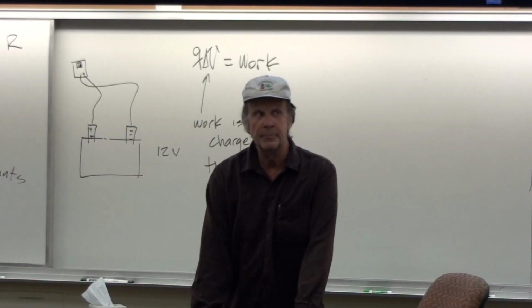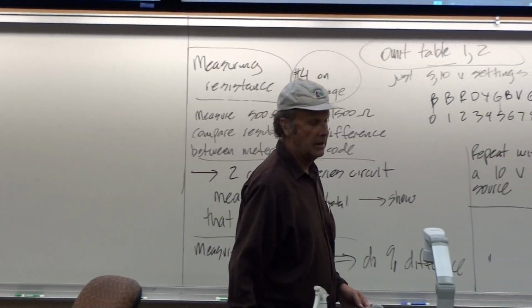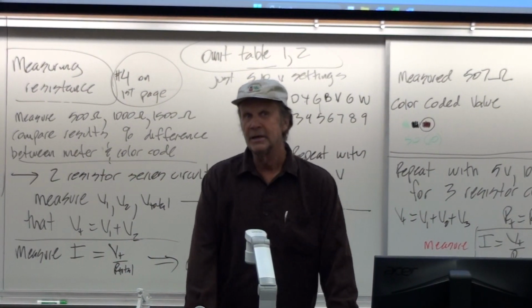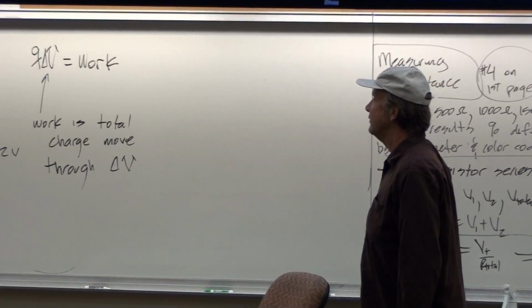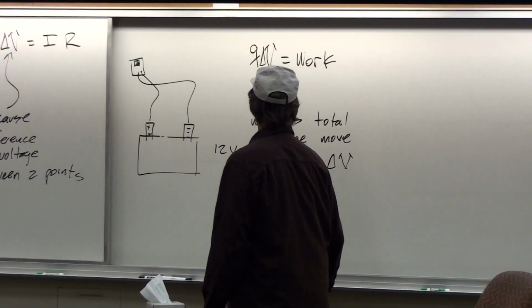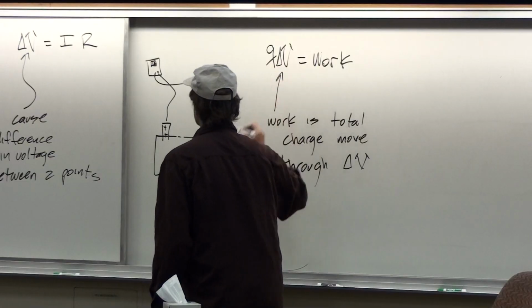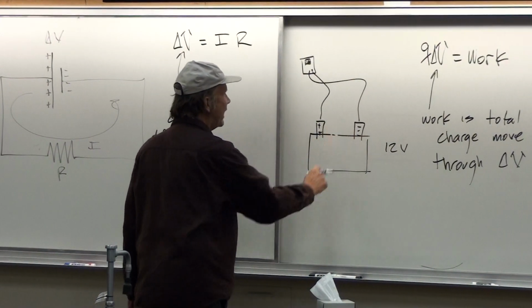And the nerves and the muscles and our brain cells also work off of that same kind of energy. So this is a very widely applicable topic. And so this would be the work that we do when we move a charge through a certain difference in voltage. So nothing's happened here yet.